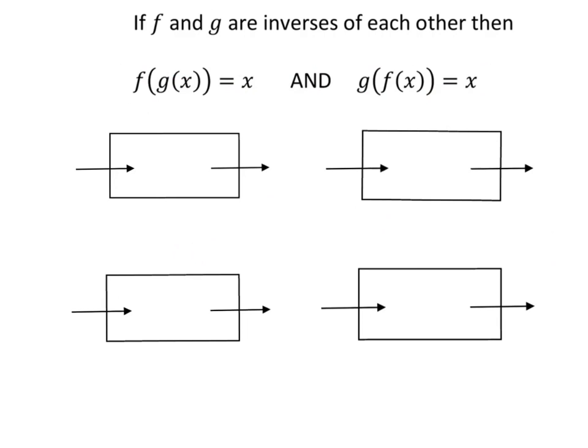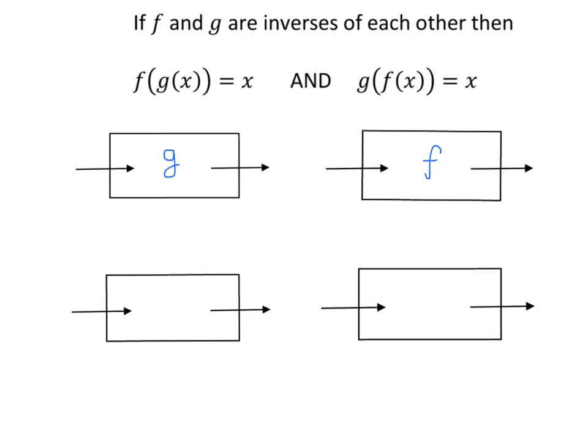Let me give you a number example so that you can see. This is saying start with computing g of x, and then take that and compute f. In other words, I'm going to take some input and put that into g, and that's going to give me some output, and then I'm going to put that into f. So if f and g are truly inverses of each other, they should undo each other.